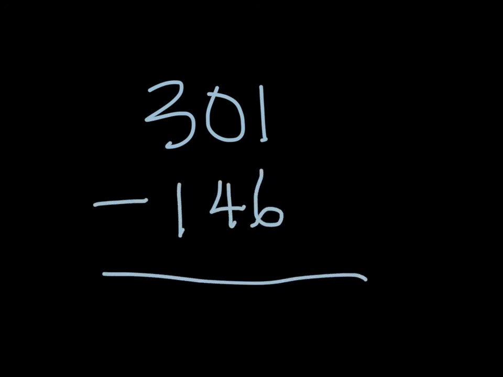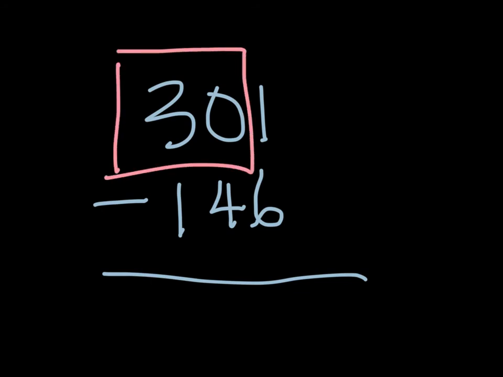Okay, we have 301 minus 146. So again, we look at our ones place. In our ones place, can I take away 1 if I only have 6? No, my bottom's bigger, I better borrow, but nobody's there. So let's take our tens, our 30 tens. You're going to take 30 and turn it into 29 tens.